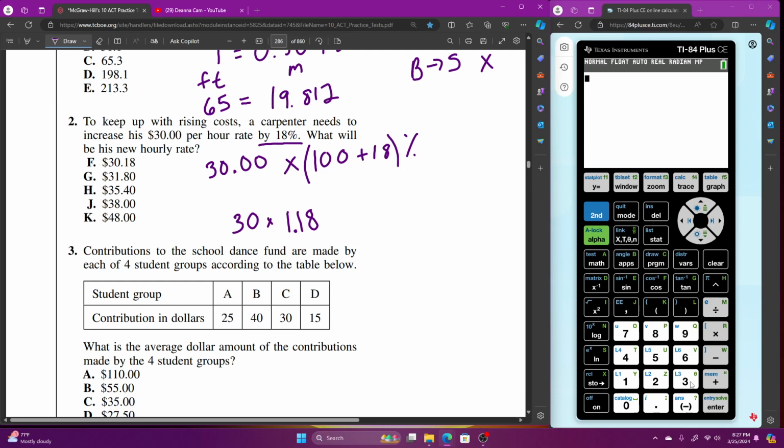There's a few different ways you can go, but for me, I think about cents. 30.00, the amount they're making, times 100% plus 18% would be 0.18. And enter. He's now making $35.40 an hour. Way to go, carpenter. That's a nice increase in pay.